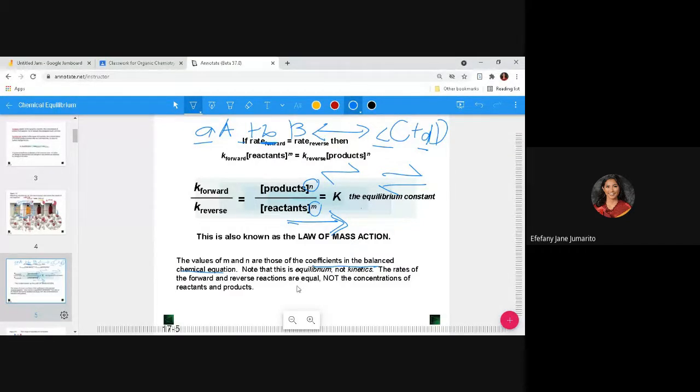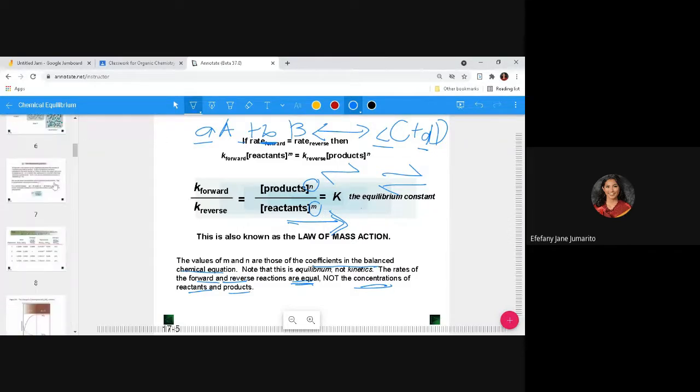The rates of the forward and the reverse reactions are equal. Note, not the concentration of our reactants and our products. Here, class, it is the rate, not merely the concentration of the reactants and the products. The rate of the forward and the reverse is our equilibrium.